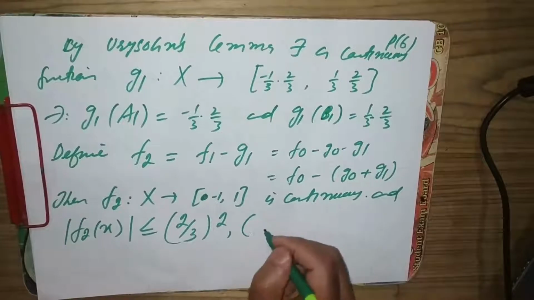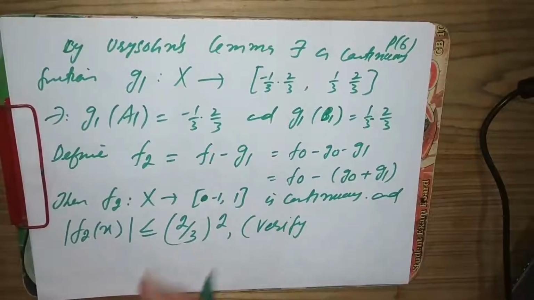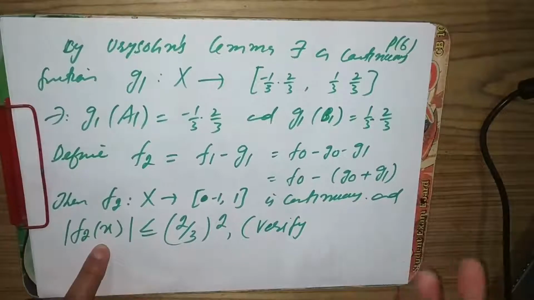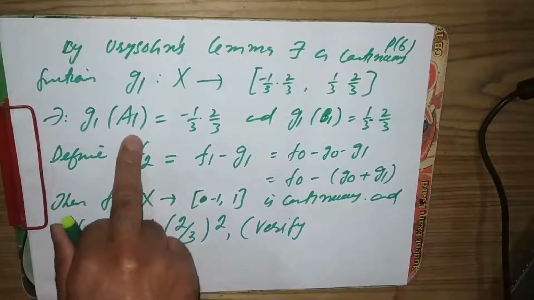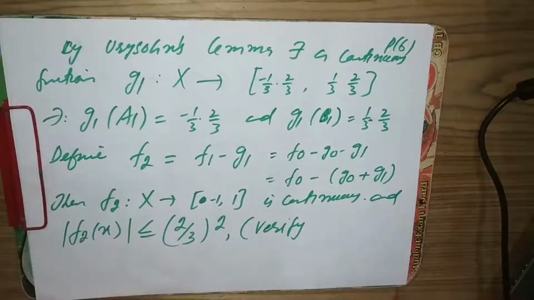You verify this. As in the previous case, we took 3 cases there: x in a0, x in b0, and x neither in a0 nor in b0. Here again we take 3 cases: first x in a1, second x in b1, and third x neither in a1 nor in b1.